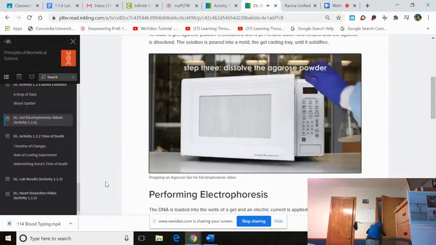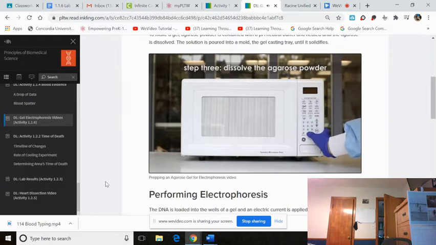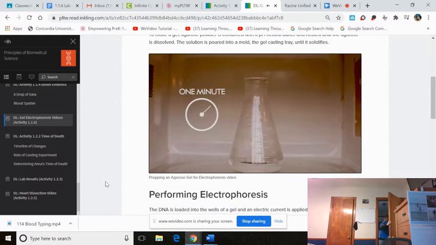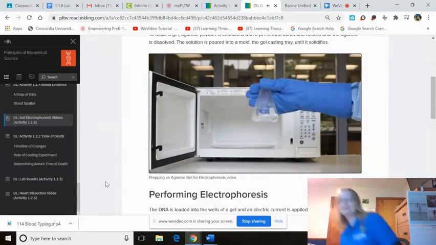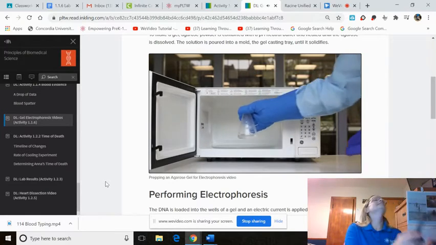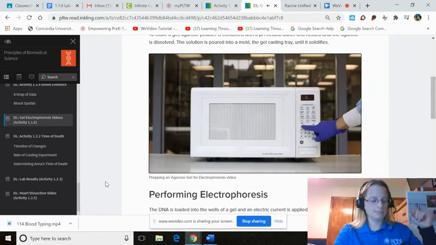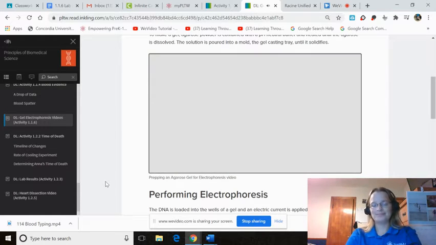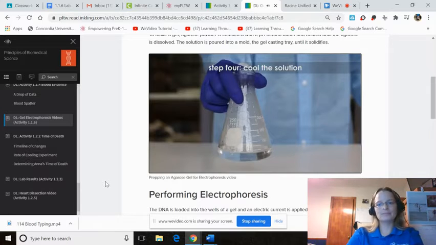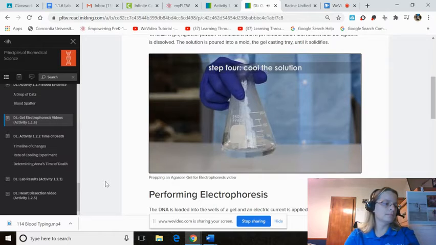Dissolve the alcohol rolling the solution. Hold the alcohol to 60 degrees Celsius with careful swirling and continuous dissipation.